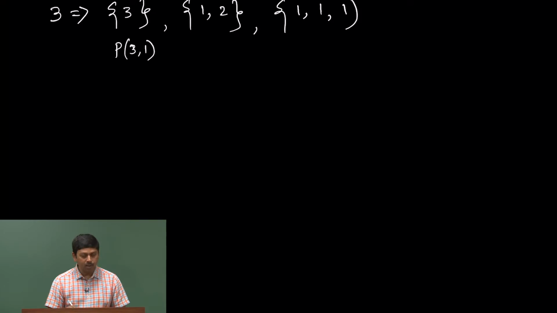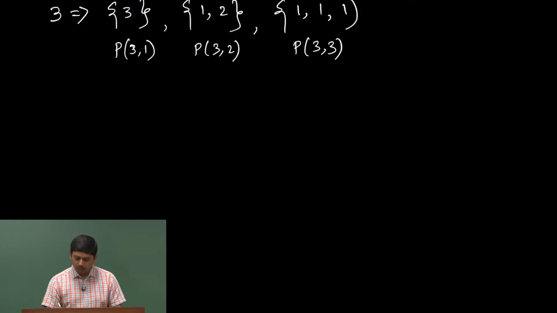I can partition into 2 groups as 1, 2, because the two orderings are equivalent, and I can partition into 3 groups as 1, 1 and 1. This one is called p(3,1). This will be called p(3,2), because I am dividing 3 into 2 parts, and this will be called p(3,3), because I am dividing 3 into 3 parts. So, in general I am getting P 3 as the sum of all of that, which is 3.